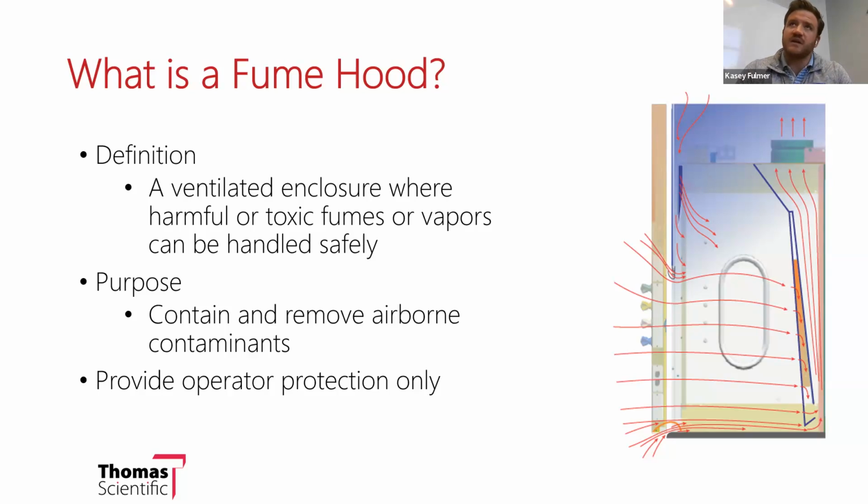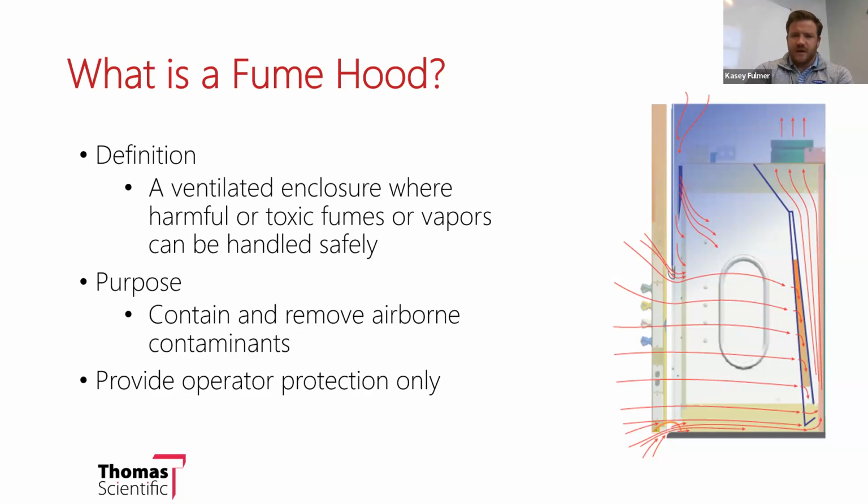If you're looking at that image, the user is on the left side of that profile of a fume hood, and the way it does this is simply by moving the air through it. They're typically connected to an exhaust duct work, a system, a series of duct connections, and then exhausted to the outside via an exhaust fan, and then the fume hoods are aerodynamically designed so that it does so very efficiently, and keeps everything inside of it.